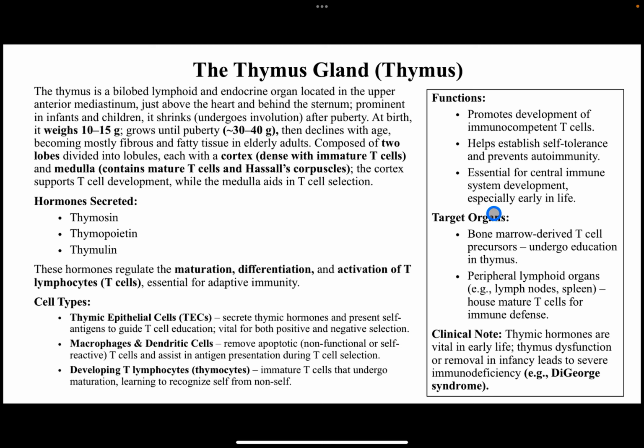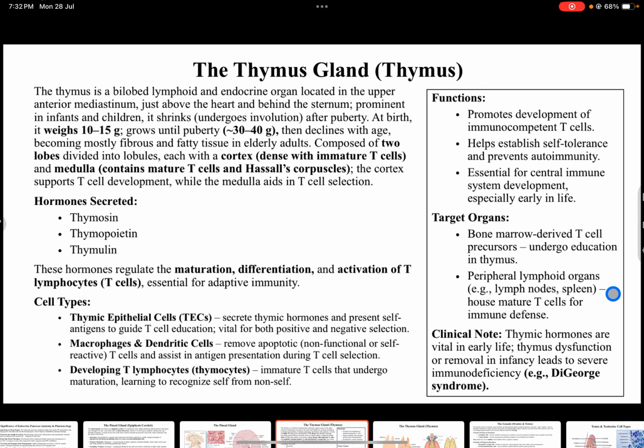Okay, now let's look at the organs that the hormones produced by the thymus gland target. Now, they target the bone marrow. Okay, in targeting the bone marrow, they help derive T cell precursors that undergo education in the thymus. They also target peripheral lymphoid organs, for example, the lymph nodes and spleen.